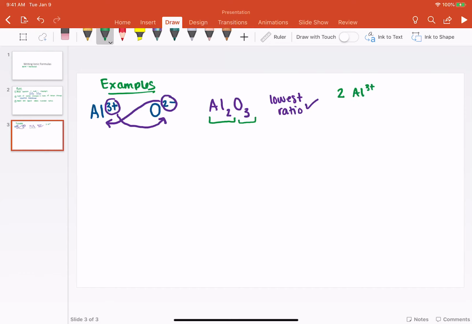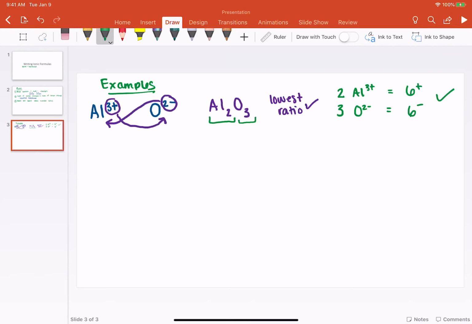So if we have 2 Al3+, we have a total of 6+ for our positive charges. And if we have 3 O2-, then we have a total of 6-, and the 6+ and the 6- balance each other out.